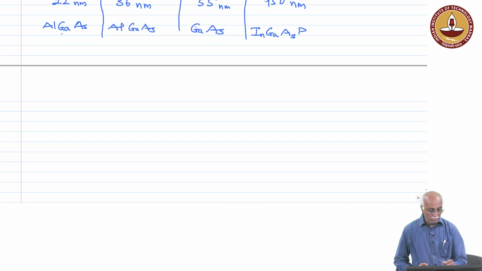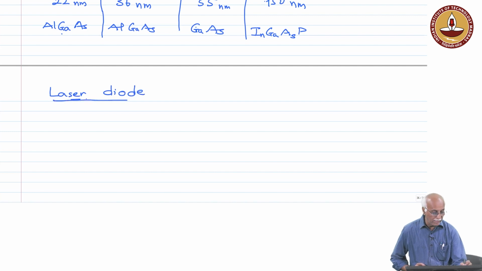as I told you, before we go to supercontinuum light emitting diodes, we will talk about lasers, laser diodes. So, what is the difference between a light emitting diode and a laser diode?